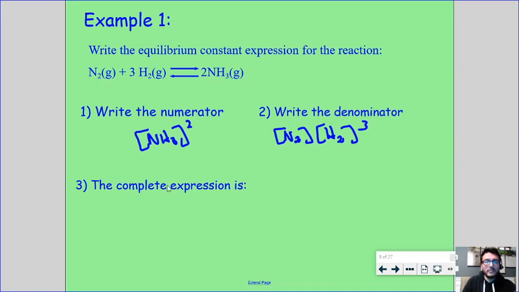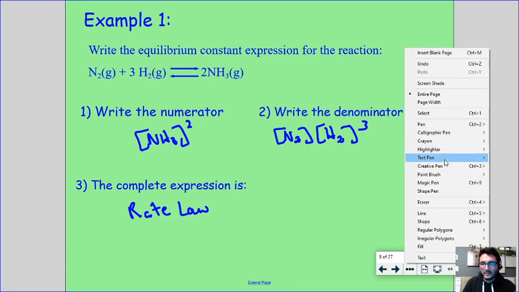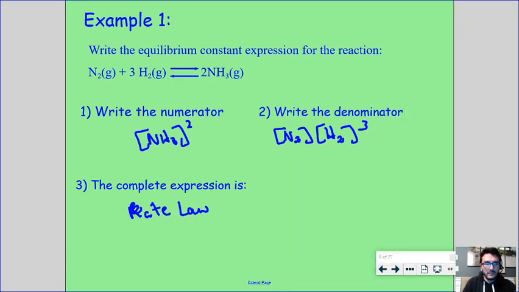Now, the complete expressions, we can say our equilibrium law, or no, I'll just say that. That's more accurate.